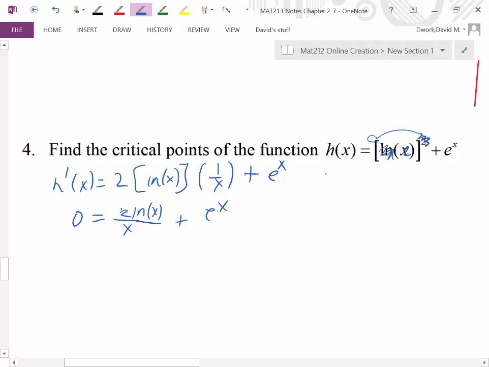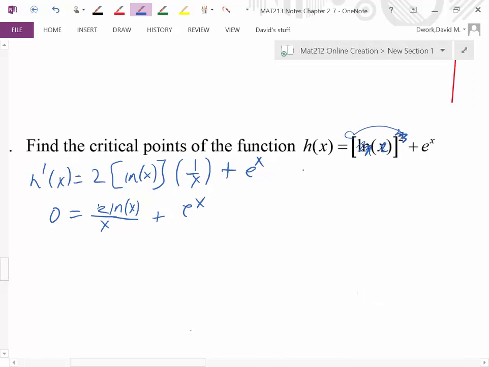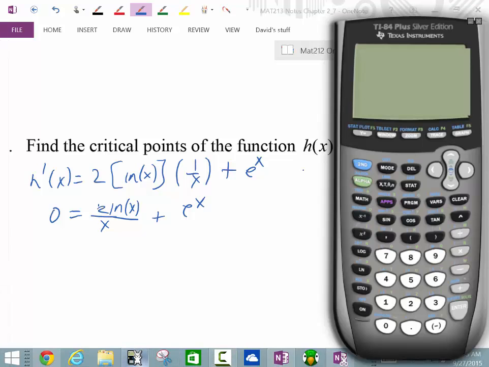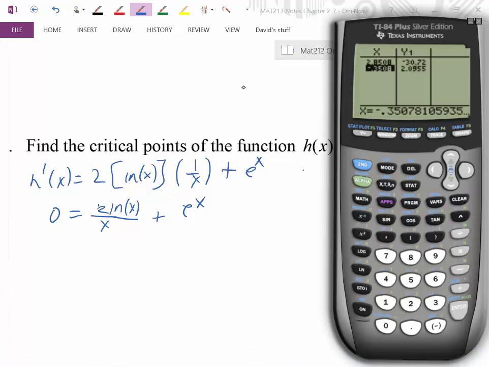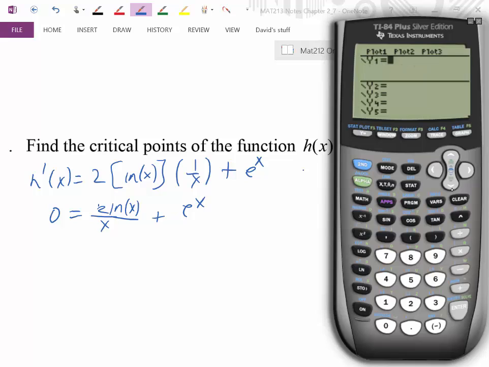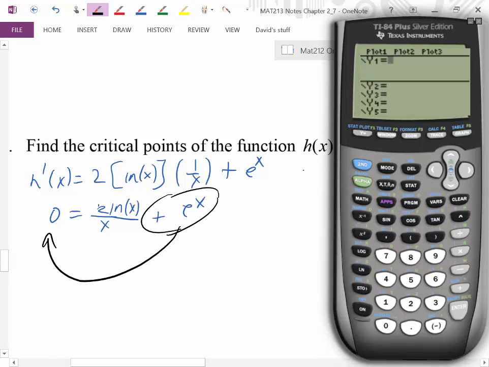So who knows how to solve this? Yeah, don't start raising your hand too quickly. All right, so why I wanted to do this problem is I wanted to show you we can use our calculator to help us. What I'm going to do is type the function, just this part, into the calculator. Some students actually prefer to, instead of solving like this, take one term and subtract it over to the other side.